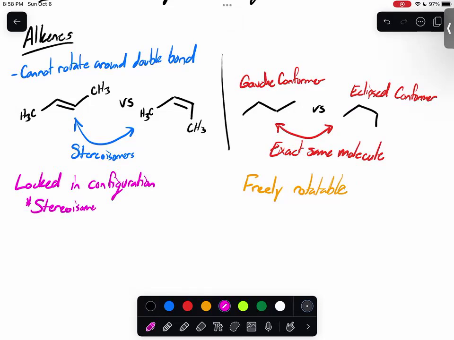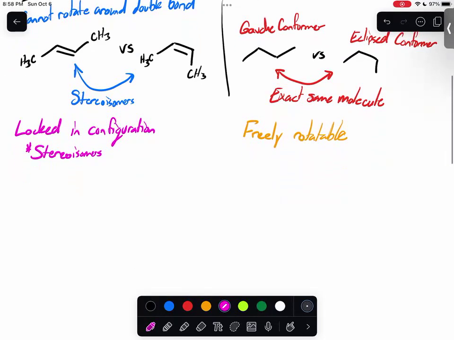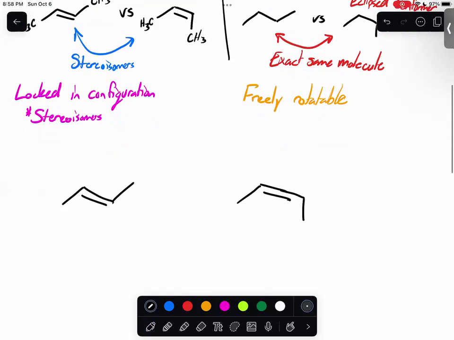But the question is, how are they stereoisomers? Well, we have to talk about this in terms of what each one is showing us. So first, let's redraw these two alkenes, and we're just going to go through a whole little case study on them. So, first off, there is a way that we label these, right?